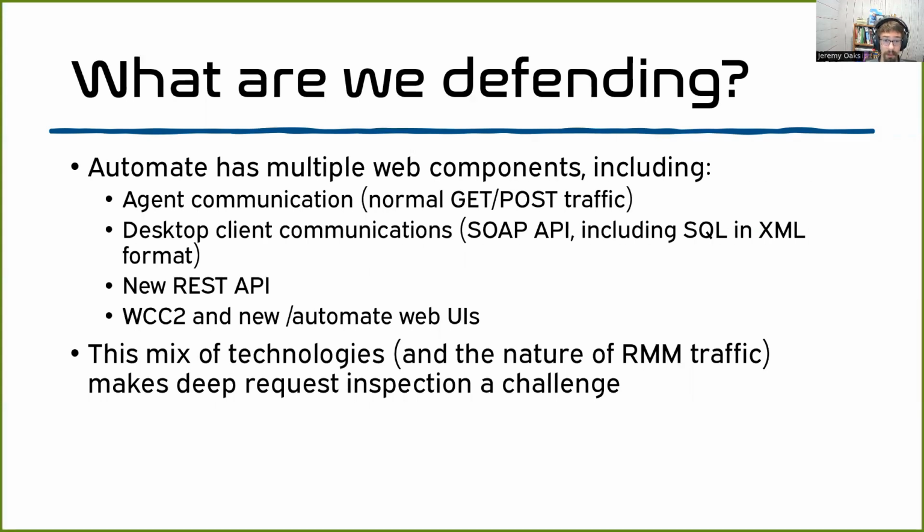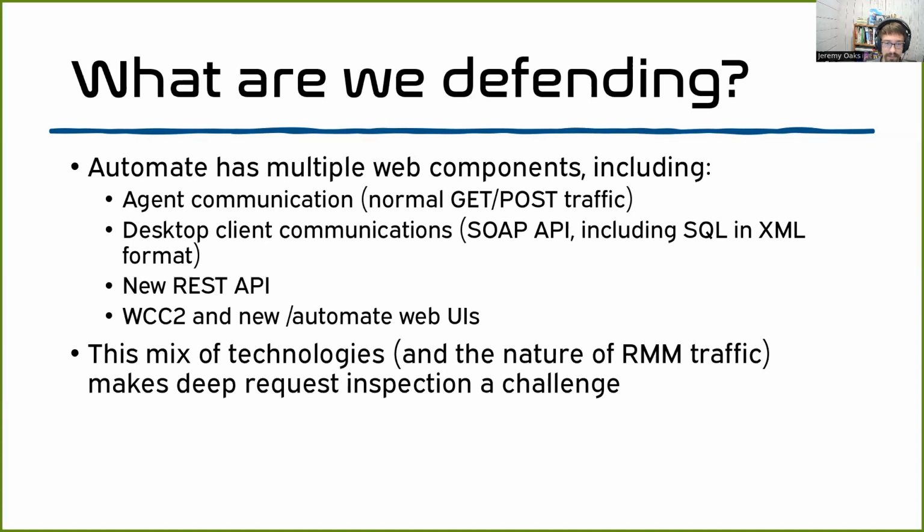Before we protect an Automate server, we need to understand the attack surface. There are multiple technologies that are clumped together in an Automate server. First up, you have your agent communications. Then you have your user interfaces, and you have both a REST API and a SOAP API mixed in there. This broad surface area gives Automate a lot of surface to protect.